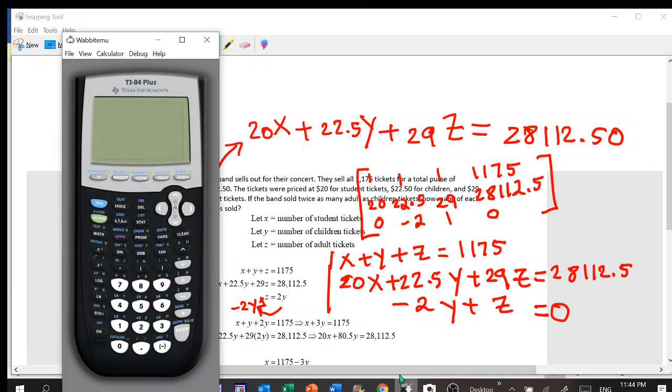Well, that's it. So let's put it in a calculator and find the answer. The main part of this is to write the correct equations, and the rest is easy.